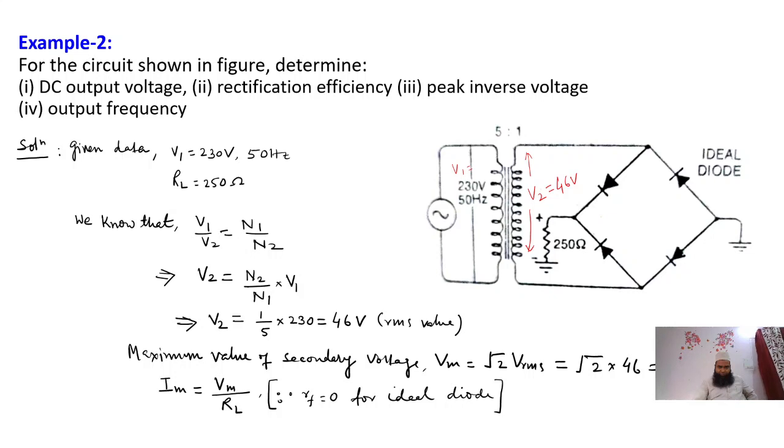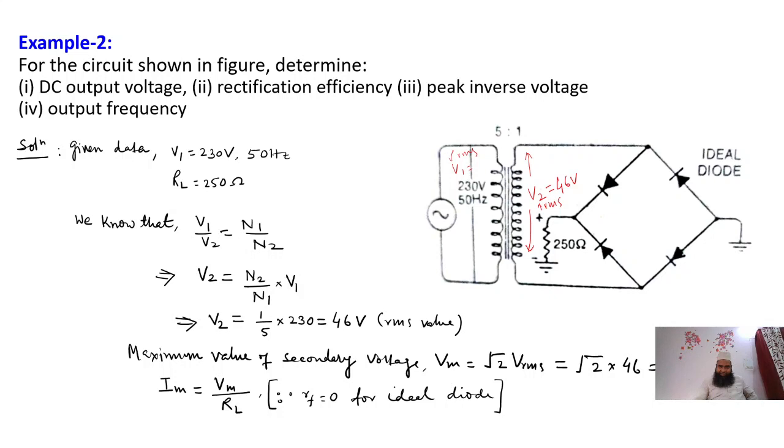Both V1 and V2 given here are the RMS values of the voltage. We have to calculate the maximum. Vm equal to √2 into Vrms. We get 65.05 volt. We have Im equal to Vm upon RL plus Rf.